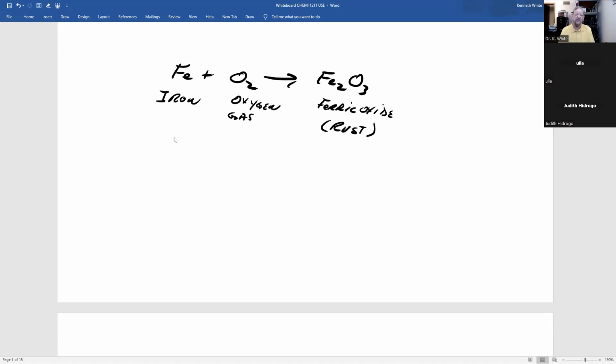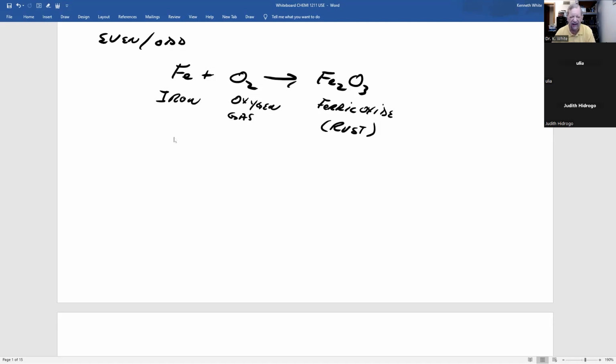And this is how rust forms on a car when the paint, which is a coating protecting the metal underneath from oxygen, gets chipped away. And this is a case we call even, odd.